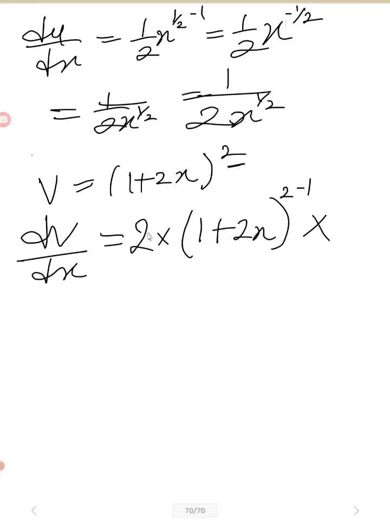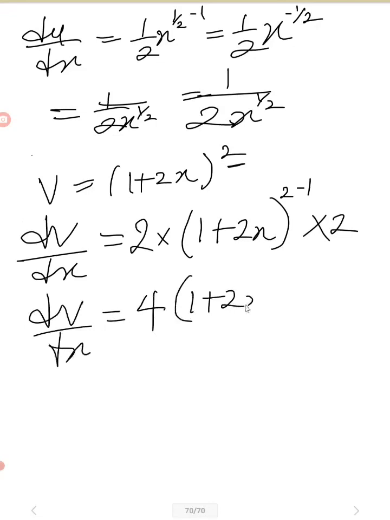The derivative inside is 2. So dv/dx gives us 4 times (1 plus 2x).